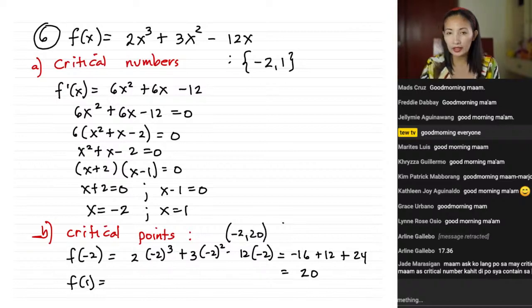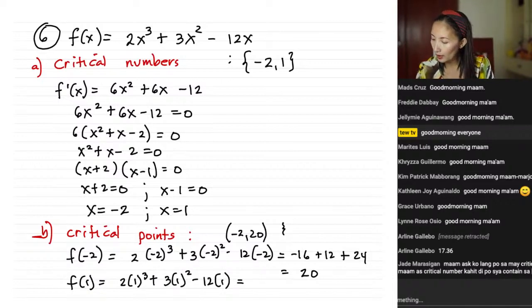What about the other critical point? Evaluate the function at the critical number 1. F of 1 equals 2 times 1 cubed plus 3 times 1 squared minus 12 times 1. 2 plus 3 is 5, and 5 minus 12 is negative 7.